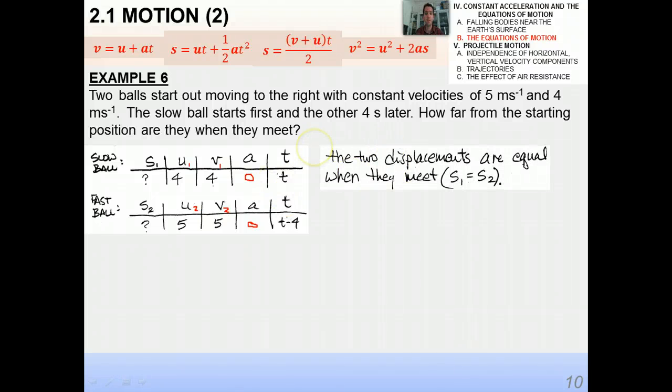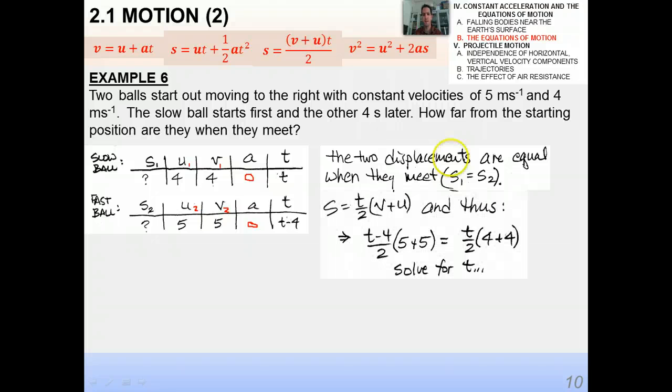The two displacements are equal when they meet, obviously. So when s1 equals s2 is when they meet. How far from the starting position are they when this happens? Now, generally s equals t over 2 times (v plus u).